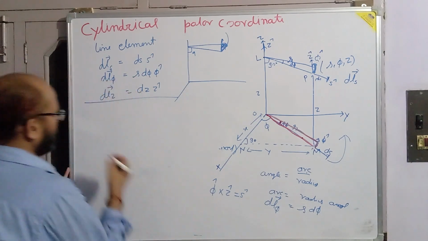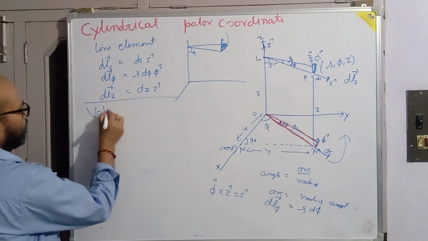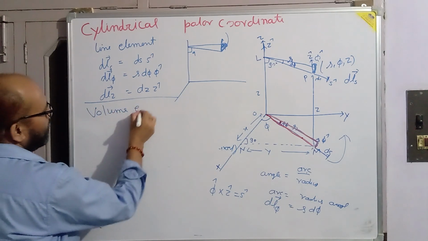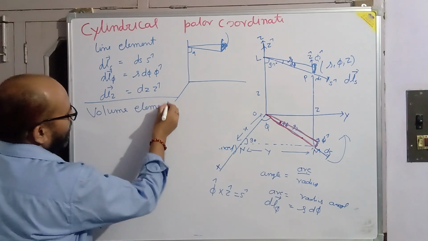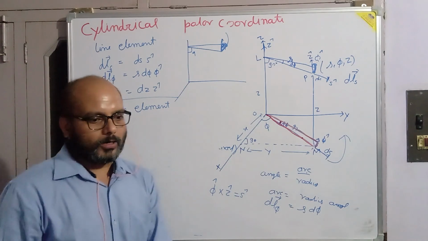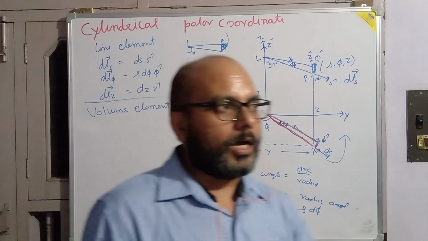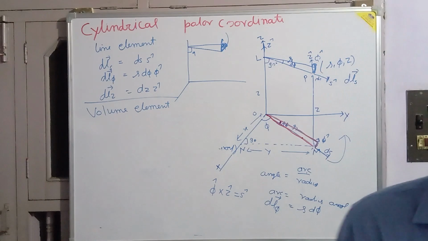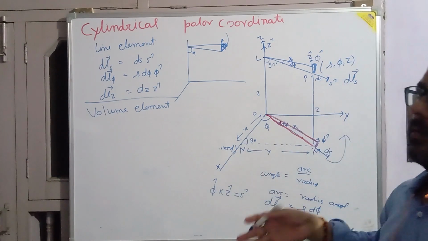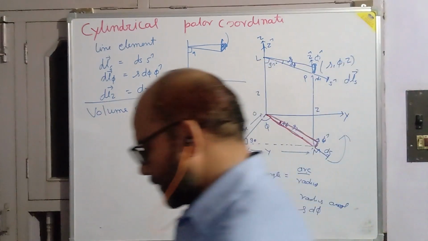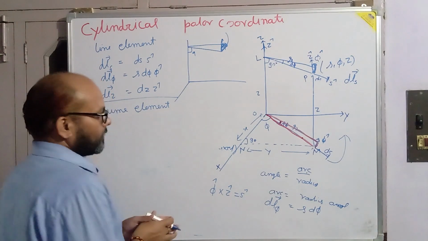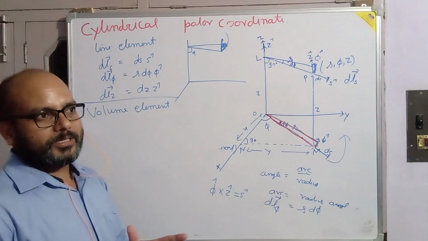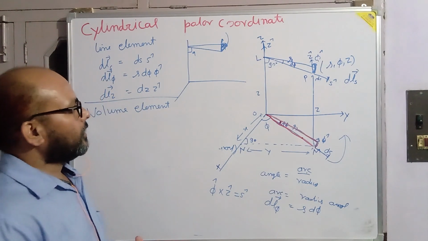Another is the volume element. So volume element means three coordinates are changed along s cap, phi cap and z cap. That is a three-dimensional structure that is known as volume.